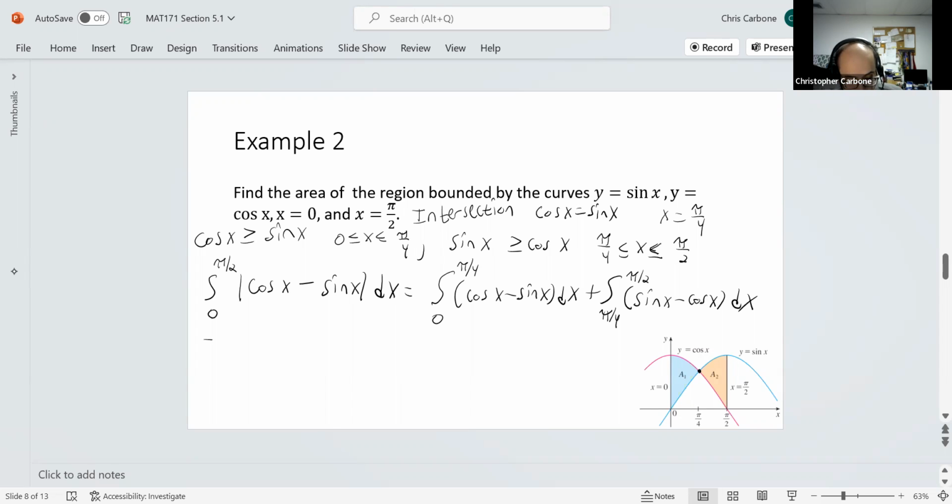So this would make sine of x plus cosine of x evaluated between 0 and pi over 4, plus this would be the negative cosine of x minus the sine of x evaluated between pi over 4 and pi halves.